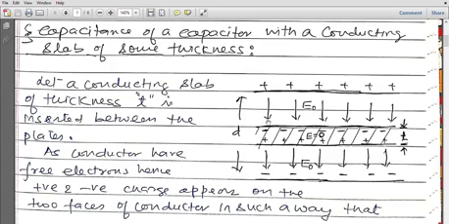Reason is, what you have externally applied, that is E0, and inside the conductor what will develop is from positive to negative, just in the opposite direction. This equal and opposite electric field makes the net electric field zero. Okay, so inside the conducting slab you can see that the electric field is zero.